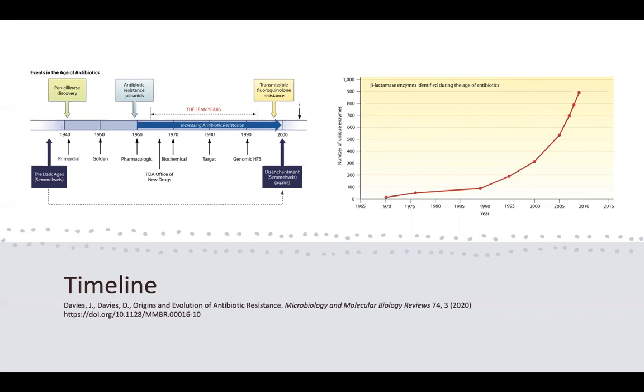You can see on the right that since the 1970s, in the middle of the lean years, there's been a significant increase in the prevalence of beta-lactamase enzymes, which are a form of antibiotic resistance enzymes. Between 1970 and 2010, the end of the study, this shows that as the prevalence of antibiotics grows, there's also an increase in antibiotic resistance as a whole.